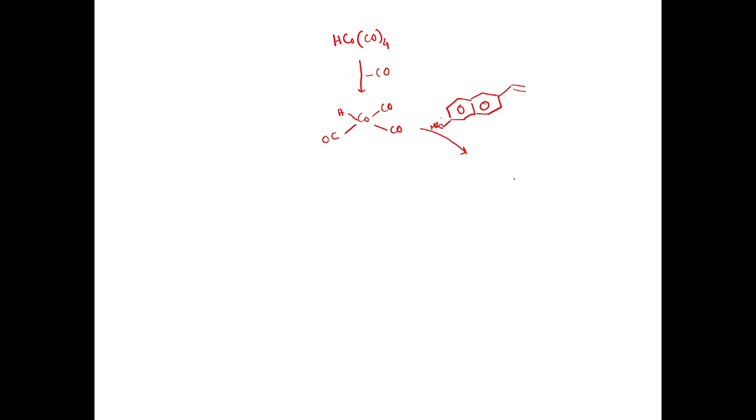Right. So this will bind this way, and everything else will be the same. Now the turn is that this hydride will go into this, the beta migratory insertion.